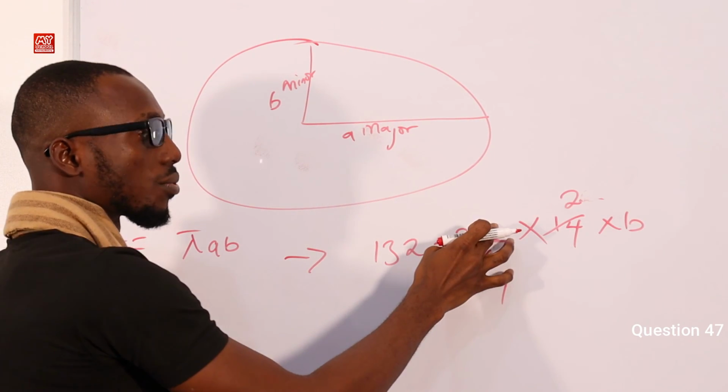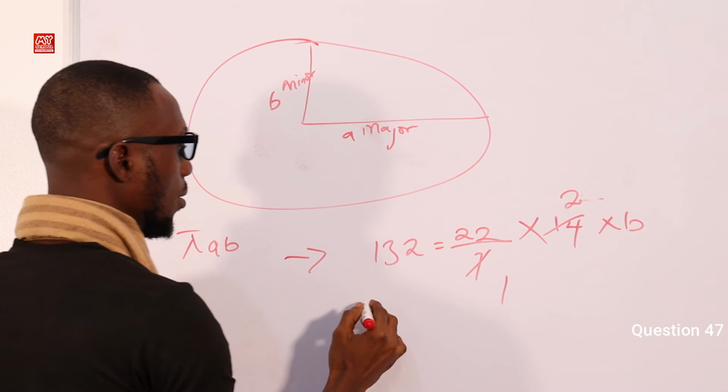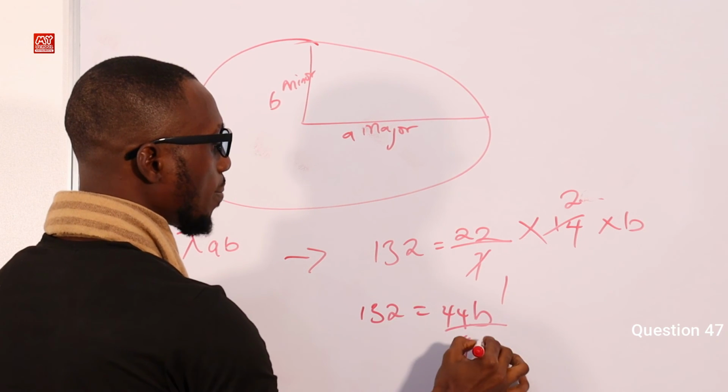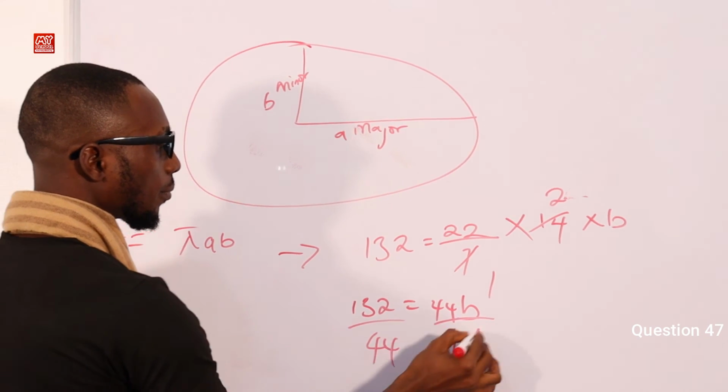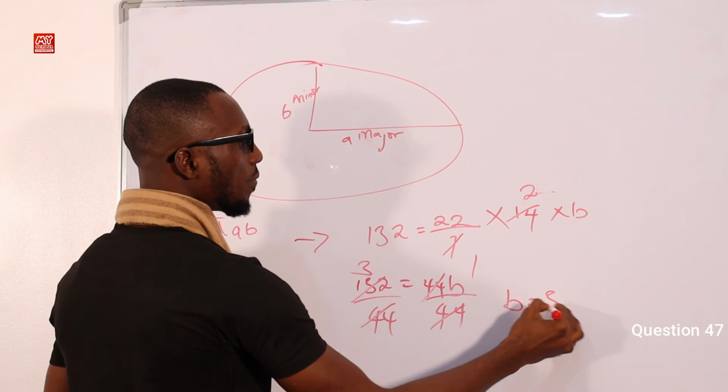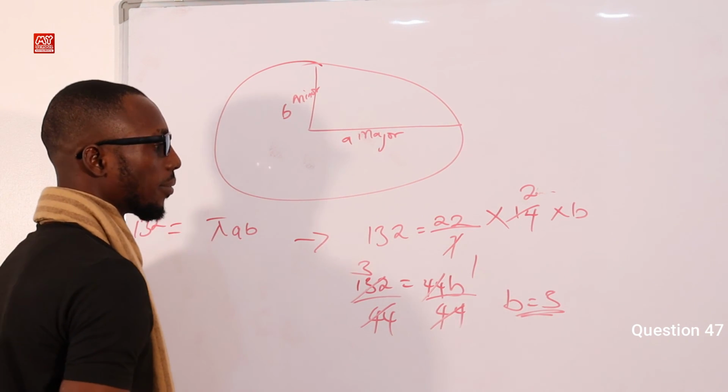So 2 times 22, I have 44B. So I have 132 equals 44B. Dividing both sides by 44, I should have 3. So the length of the minor axis is 3.